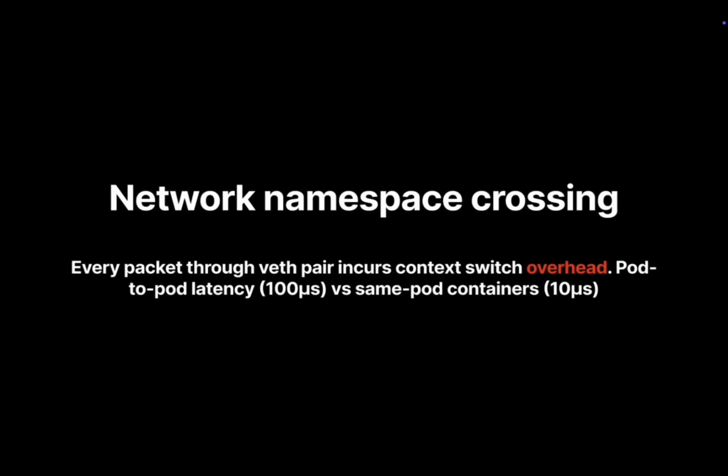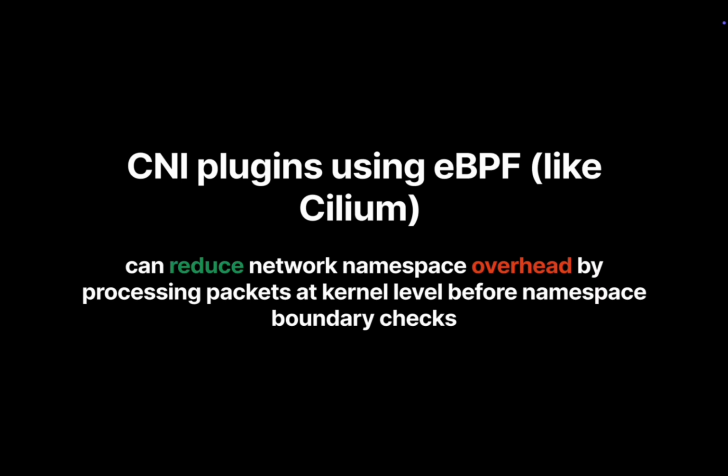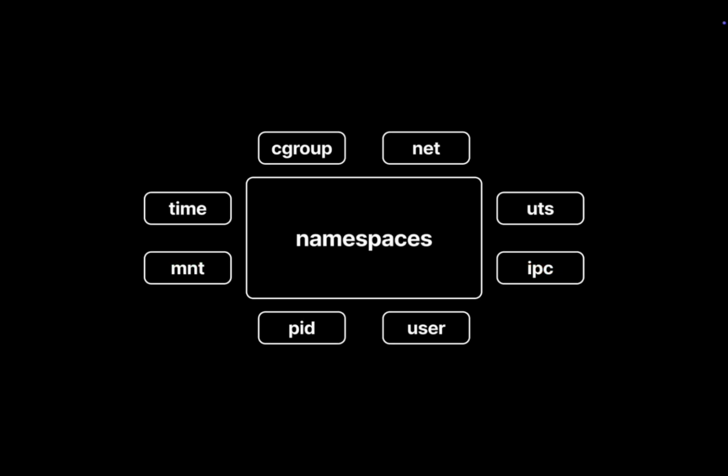And namespace operations have performance impacts you should understand. Every packet through a veth pair incurs context switch overhead. So CNI plugins using eBPF like Cilium can reduce network namespace overhead by processing packets at kernel level before namespace boundary checks. Let's recap what you have learned.